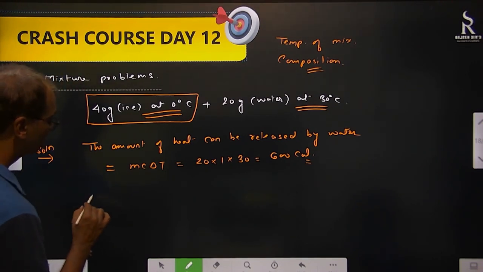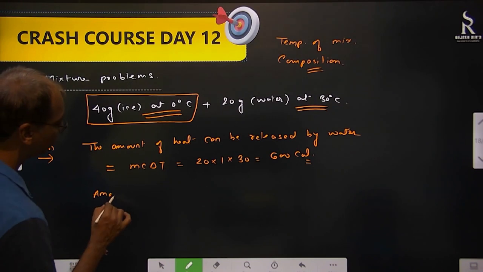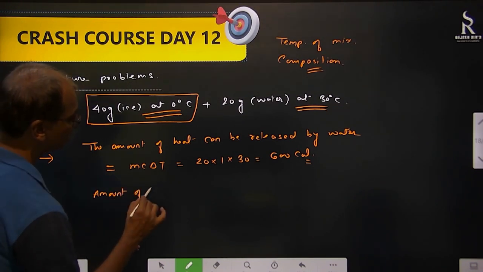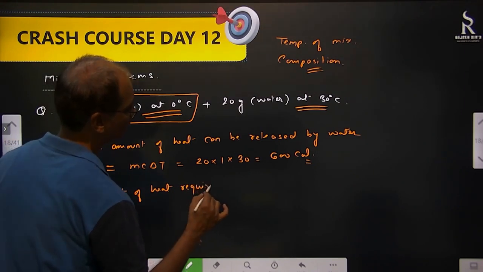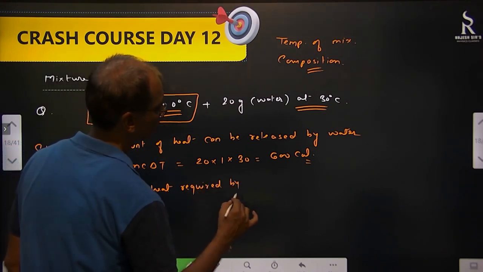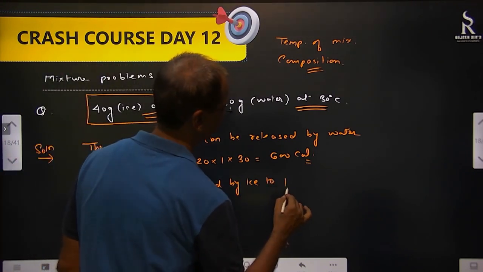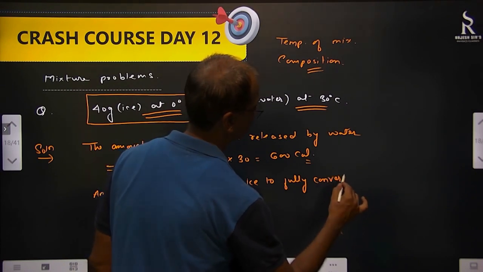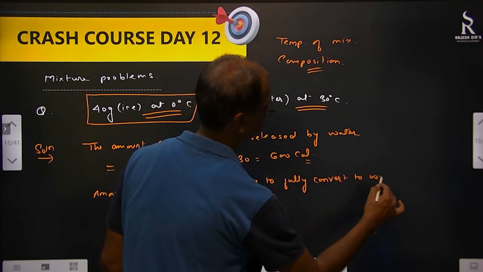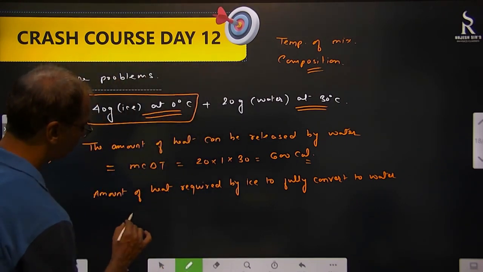Now, what is there? Ice. So the amount of heat required by ice to fully convert to water: how much? mL. How much heat does it require? mL.